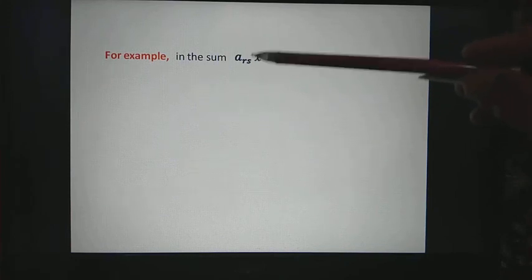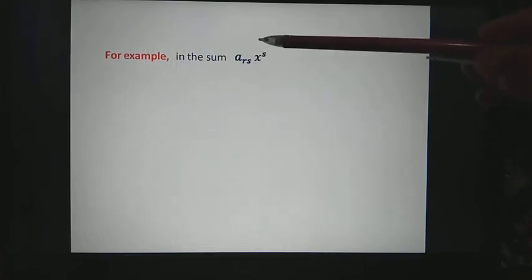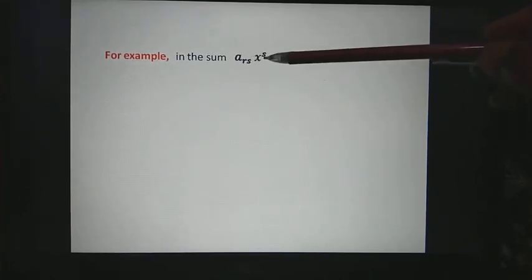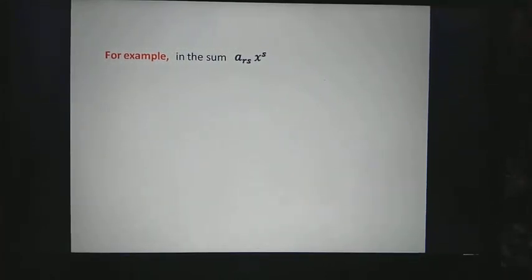And by Einstein summation convention, this quantity ars xs is nothing but the summation of ars xs, where s varies from 1 to n. So here s is repeated, and it is called the dummy suffix. In place of s, we can use any other suffix.